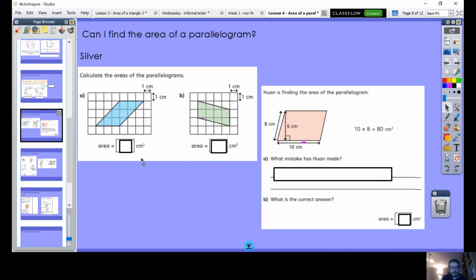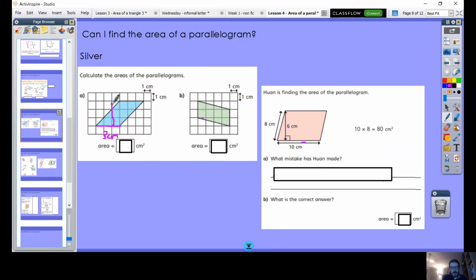Okay, let's have a look at the first ones. So we needed to find the area of this parallelogram. So we need to first identify the base. So I'm going to say that this length here is the base, and that is 3 centimeters. And the perpendicular height must come from the base, so it could be anywhere along here, to the top of the shape at a right angle.